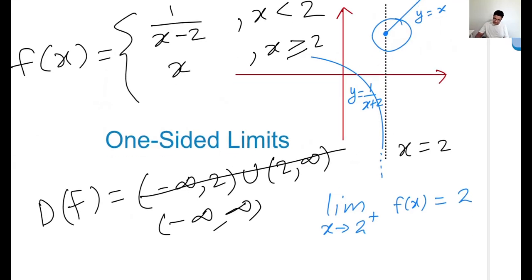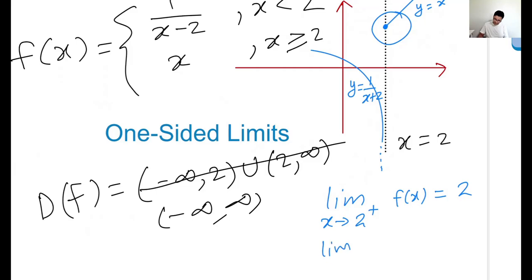Whereas the limit as x approaches 2 from the left of that function f of x does not exist. Oh, sorry, I made a mistake there. Don't write negative 1. Okay, 2 minus. Just the symbol minus. That would be x approaching 2 from the left. We write that as an exponent, but only plus or minus.